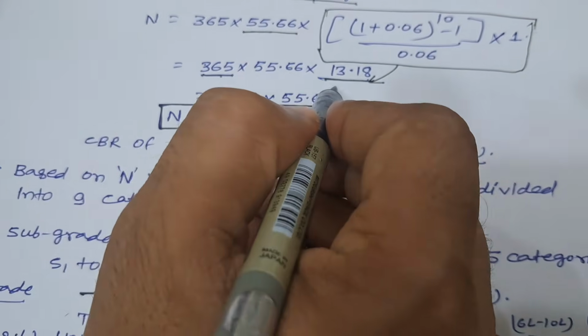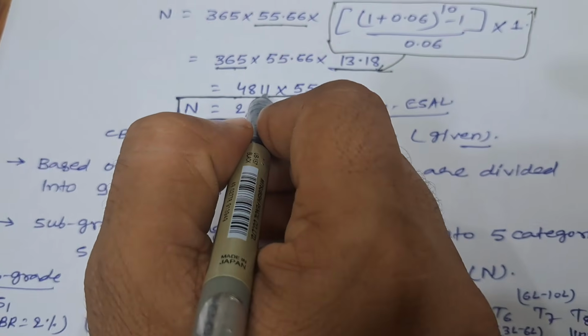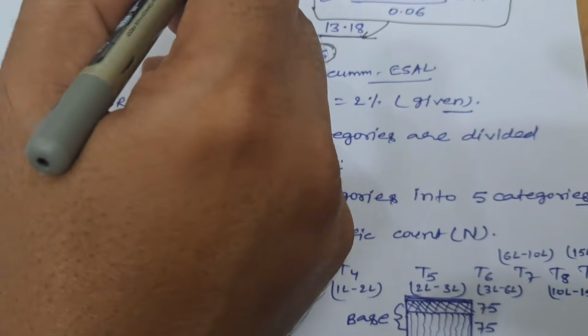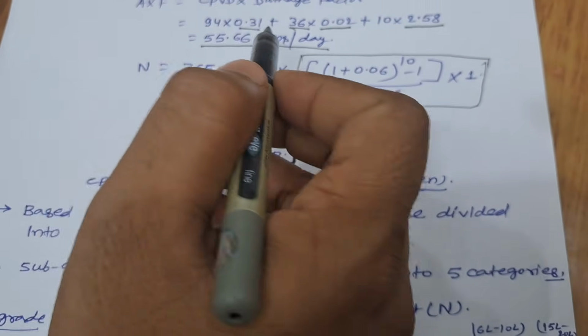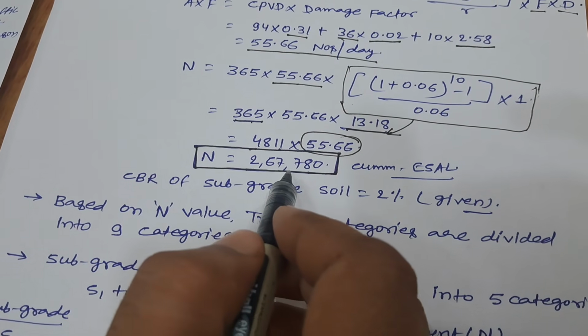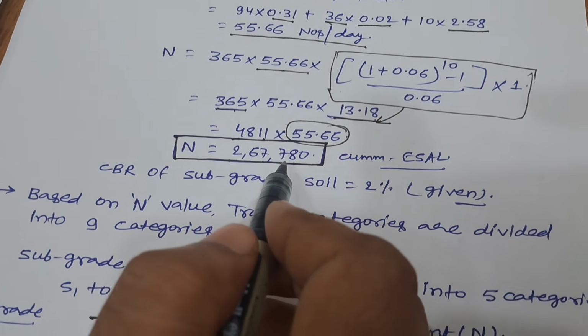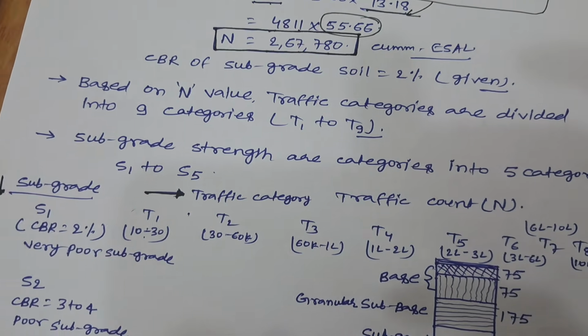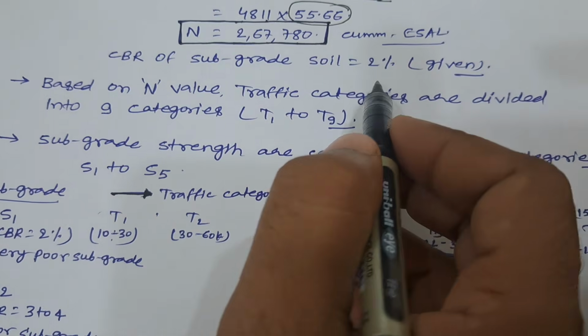If you multiply this and this, it will come 4811 into this value, CPVD into damage factor. So here N will come 2,67,718 numbers cumulative ESAL, and in this case CBR of subgrade soil is given 2%.